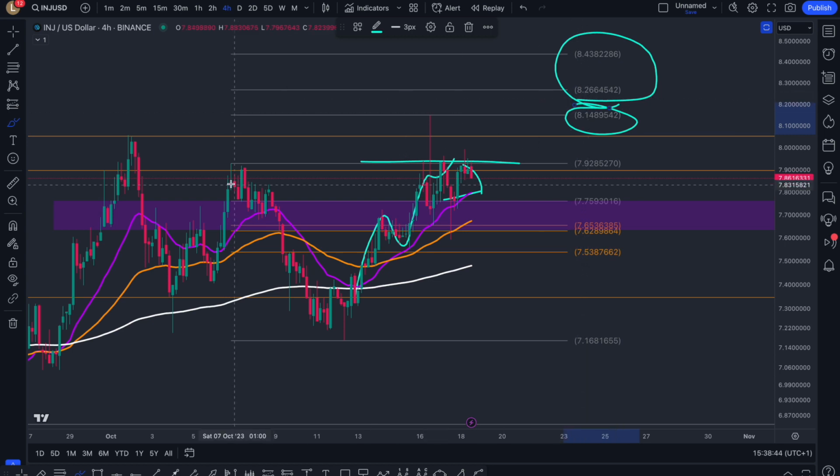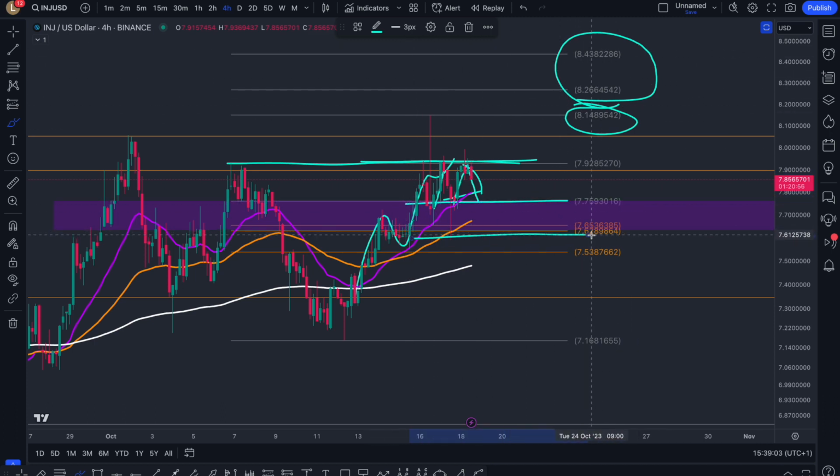But as we again fail to stay above the 1 fib level, and we've had those chances from bouncing from here, failing to break out again, had another chance bouncing from this area, failing again, it seems as if we're coming back down to revisit this area of support. And for us to keep these targets valid, this area must be maintained if we want another chance at breaking out.